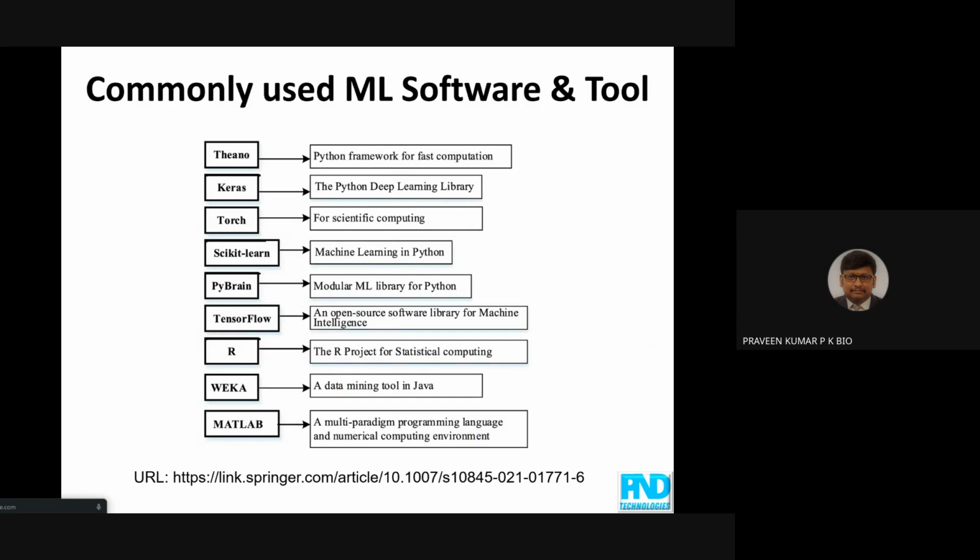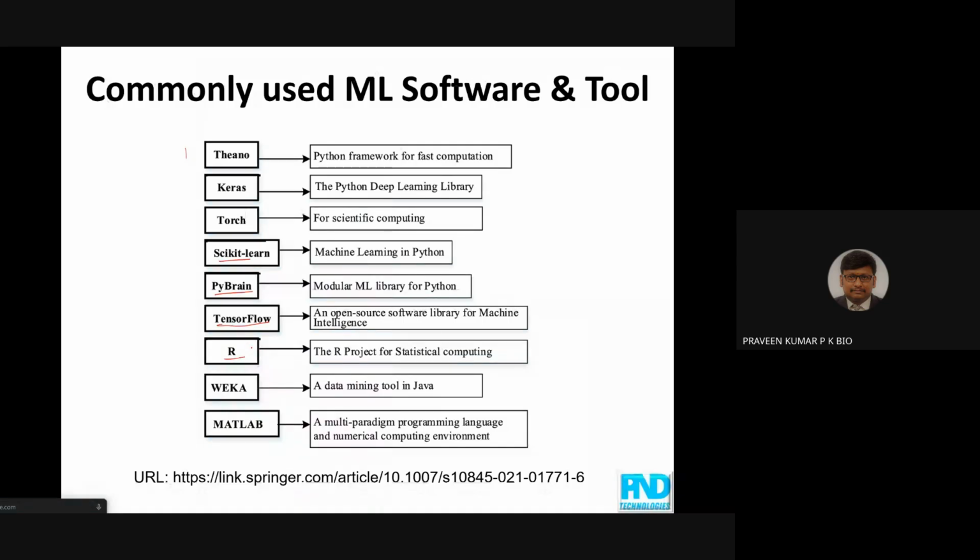On commonly used machine learning software tools, we have plenty of tools. The most important tool we use is of course Python programming, no doubt in that. In Python programming, you can find scikit-learn, Keras, and for cloud computing, if you have a large amount of data, big data, we can try TensorFlow. And R programming is popularly used in biotechnology applications, especially in bioinformatics applications.